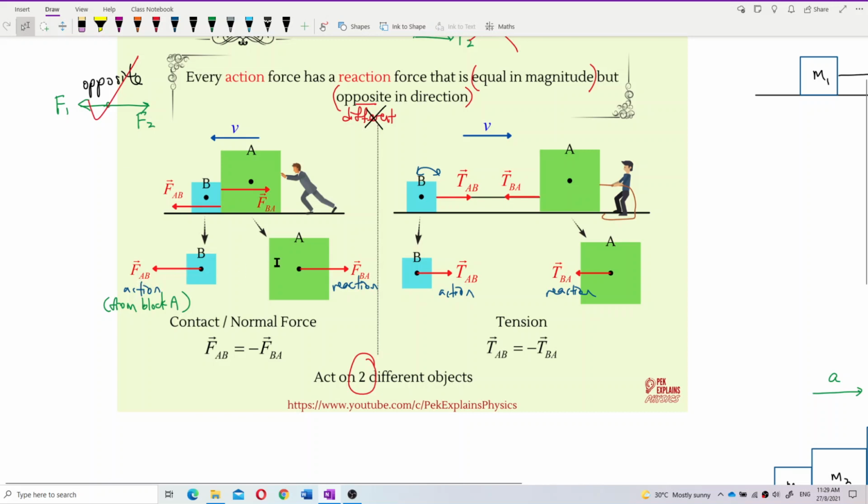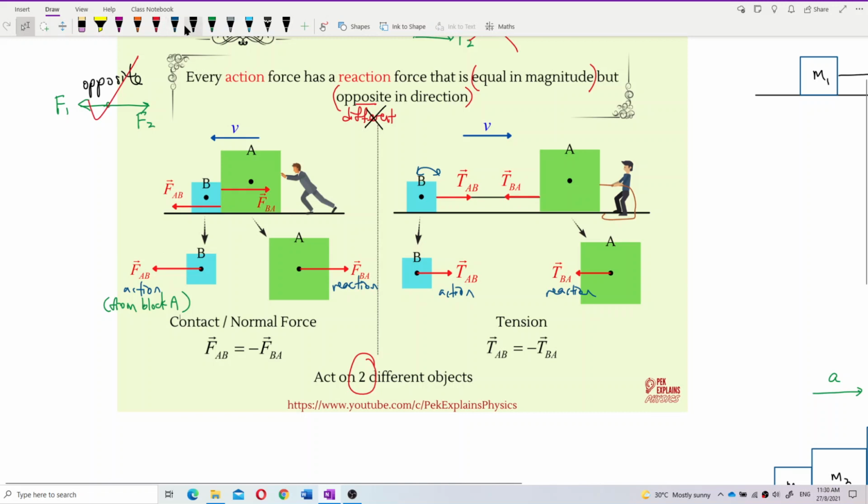FAB is this action force that comes from block A. What I mean is block A pushes block B with this force FAB. So FAB actually comes from block A. This is the action force. Why do we write it as FAB?